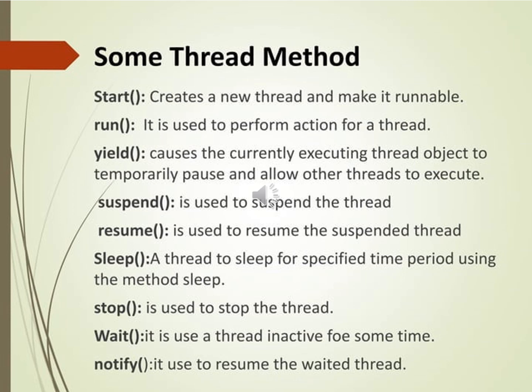The sleep method is used to sleep the thread for a specific time. The stop method is used to stop the thread. The wait method is used to make the thread inactive for some time. Notify is used to stop the thread for a time, and the resume method is used to activate the thread again.